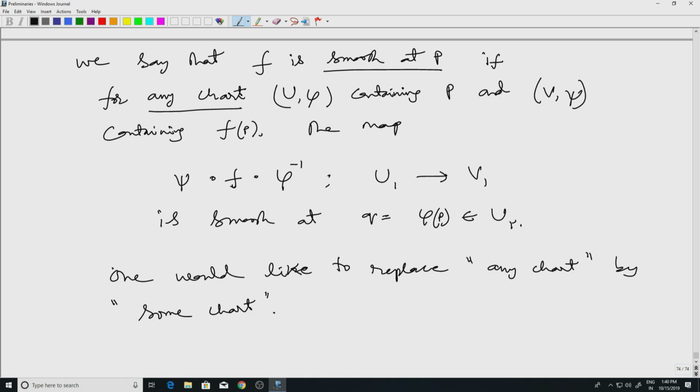Why do we insist on that? Well, when we are talking about a smooth manifold, the charts themselves are not that important.